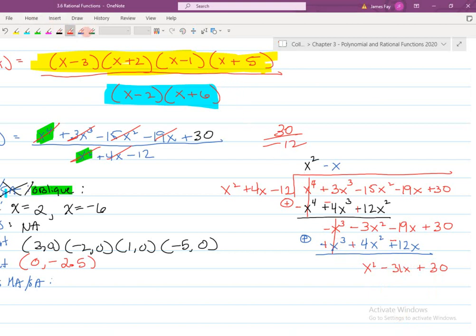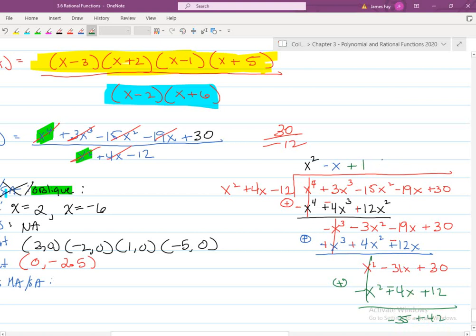And then what do I multiply by x squared to get this x squared? Positive 1, right? And that gives me x squared plus 4x minus 12. Change everything to its opposite. Cancels out. Gives me negative 35x plus 42.